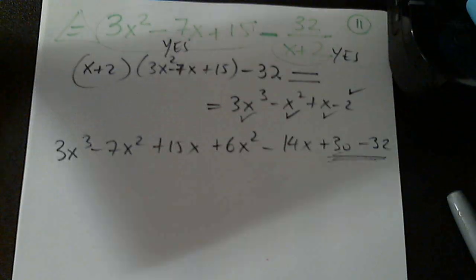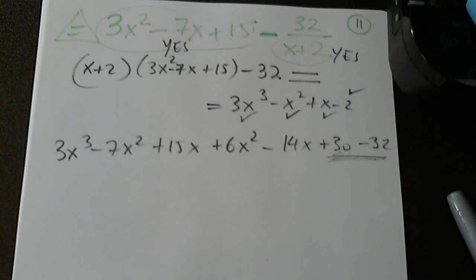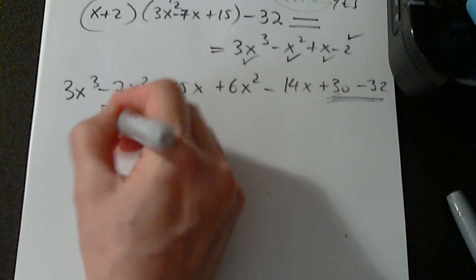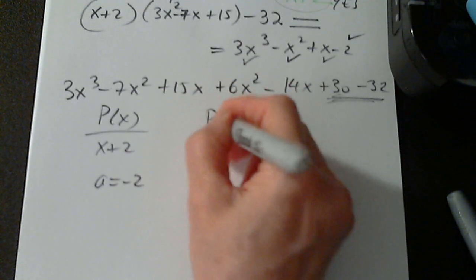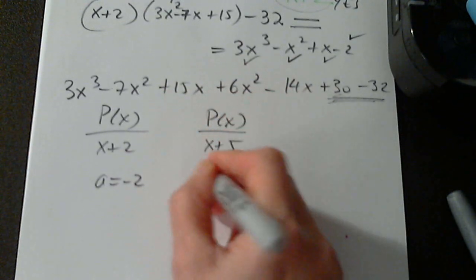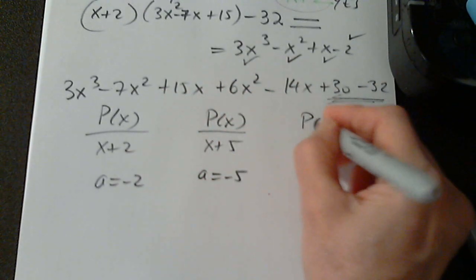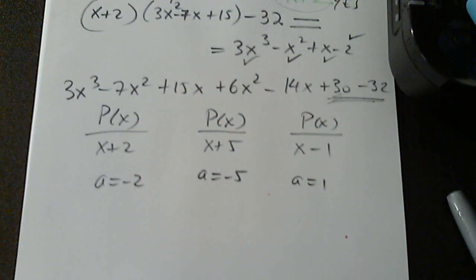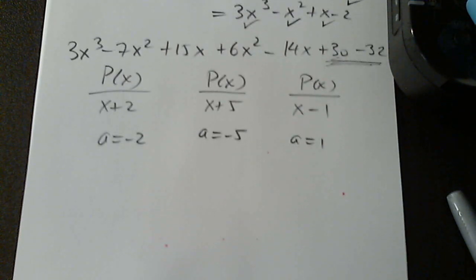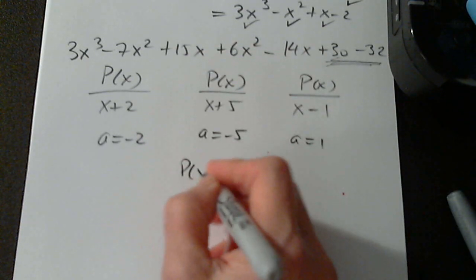Yes? So a is negative 2 because I need to make sure that the divisor has a minus. So if I divide a polynomial by x plus 2, a is negative 2. If I divide a polynomial by x plus 5, a is negative 5. If I divide a polynomial by x minus 1, a is 1. The denominator has to be x minus a.